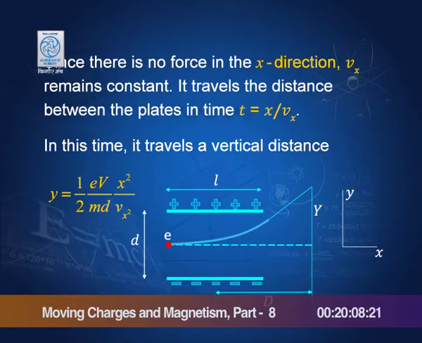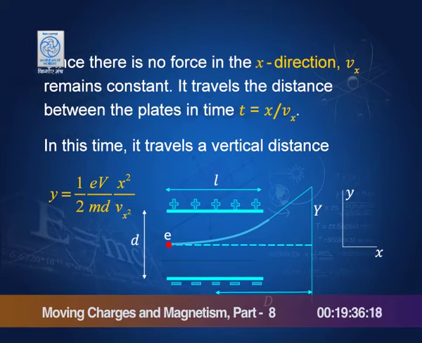In the y direction, there is a field V by d, and with velocity v_x, it covers this distance x in time x by v_x, and in that time the distance travelled along the y axis because of the attraction of the electric field is, again using the expression we have derived earlier, half eV by md into t square, and t square here is x square by v_x squared.